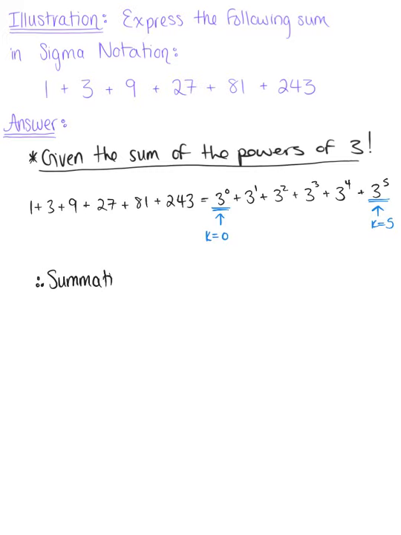Therefore, the sigma notation for this sum is going to be equal to the sum from k is 0 to 5. And then again, notice looking back at our sum here, what is changing? It's the powers that are changing. So that's where the kth variable will go in our general formula. So we can say that this is 3 to the k.